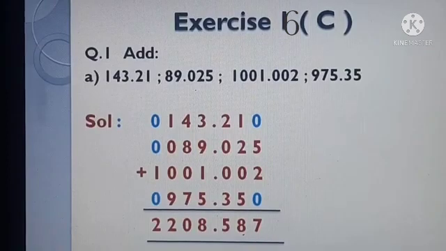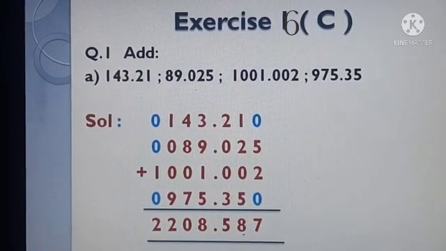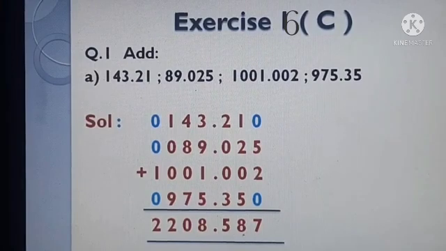Zeros will be written outside only, to the left and to the right. Only this thing you have to keep in mind. Remaining is simple addition. Zeros will not be inserted inside. जो नंबर दिया है वैसे का वैसे आपको नंबर लिखना है. Then you have to take care that all the decimals should be in the same vertical line, and after that you will do addition.